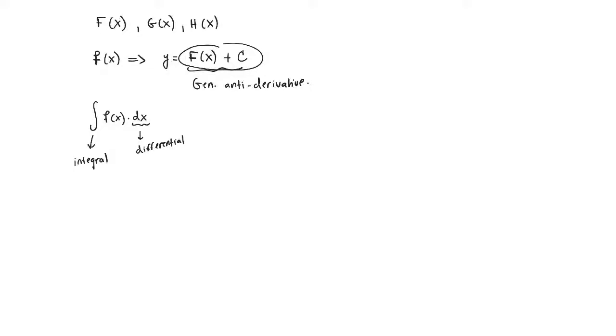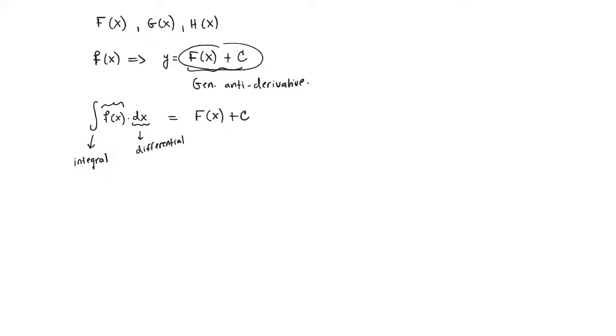Again, this will make more sense after we do section 5.2. And f of x right here is the typical little f of x that we give you. This is the little f of x whose antiderivative you are trying to find. So this notation is equal to the general antiderivative.